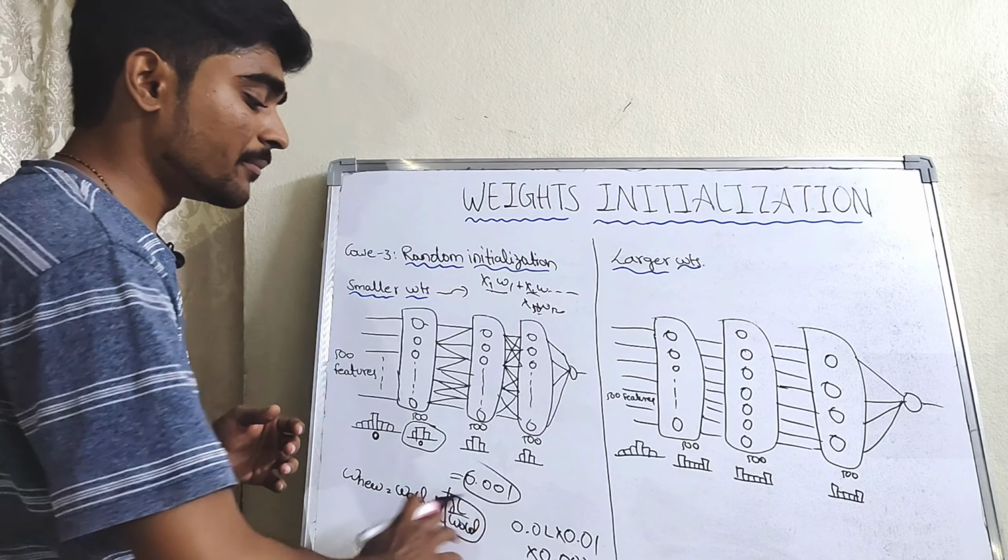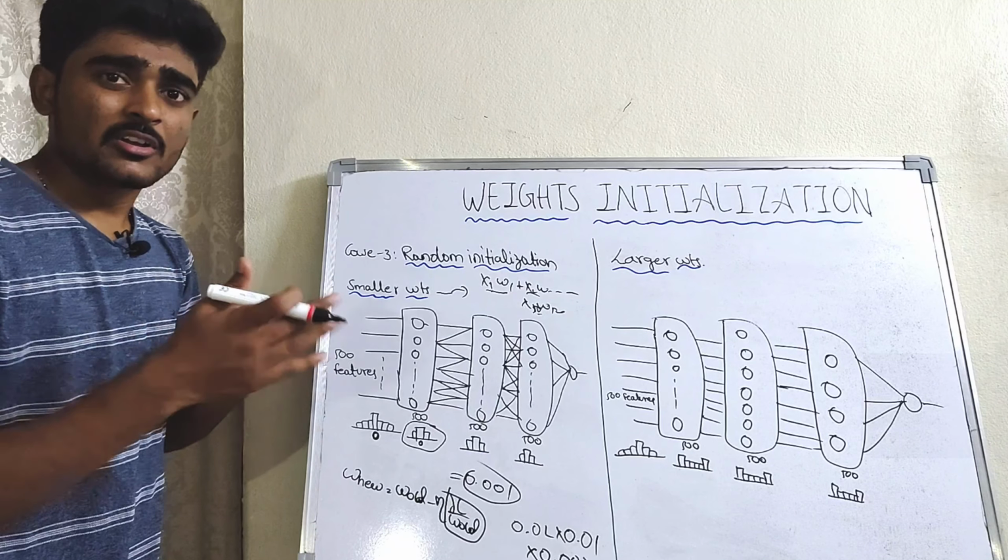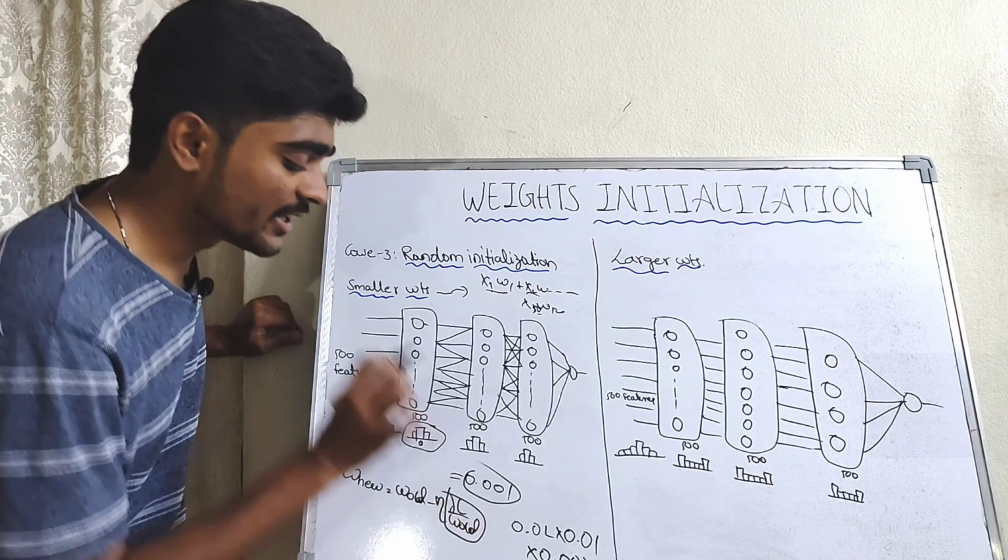When I multiply these smaller derivative values, my entire gradient value becomes smaller. When I multiply this gradient value with the learning rate, this entire term will be a smaller one. Now when I subtract this smaller term from w old, w new will be nearly equal to w old.